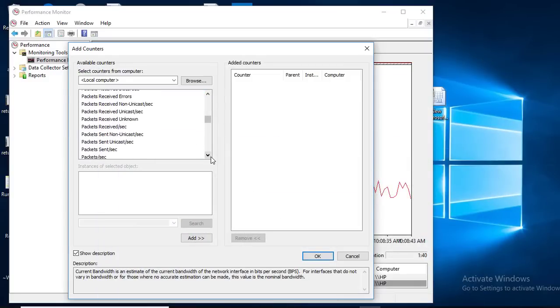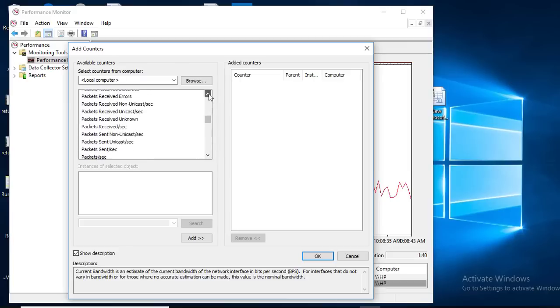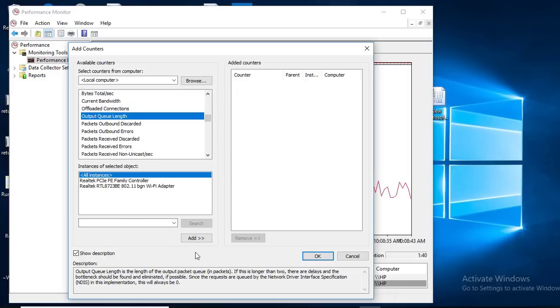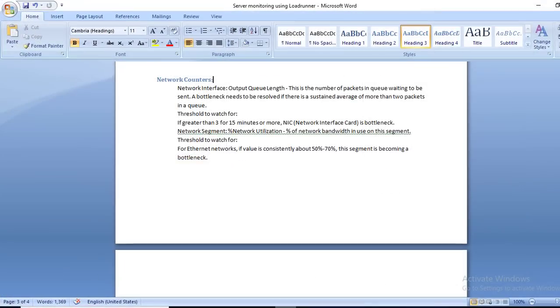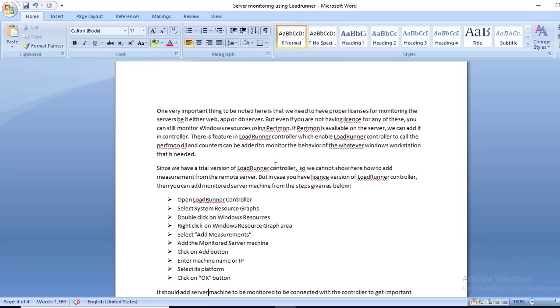Network related counters are available here: packets sent and received, and output queue length. You can see the output queue length counter here. This type of counter is measured using Perfmon. We can integrate Controller with Perfmon. In the trial version, it is not available, so we are unable to show you.